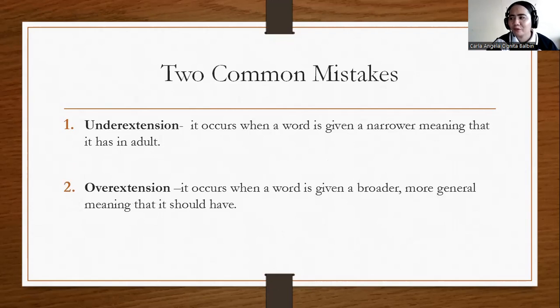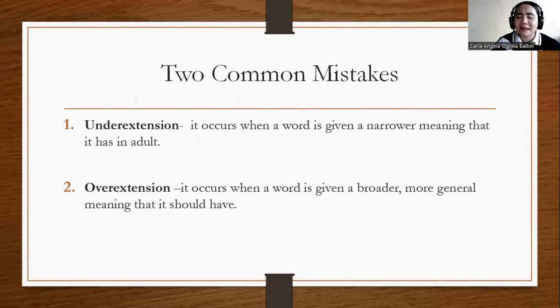I don't know if you are familiar with this already, but honestly, this is the first time I learned the terms underextension and overextension. So what's the difference between underextension and overextension? Underextension occurs when a word is given a narrower meaning than it has in adult language.